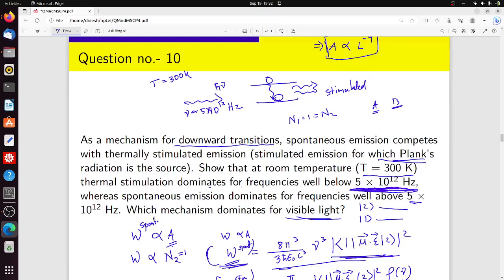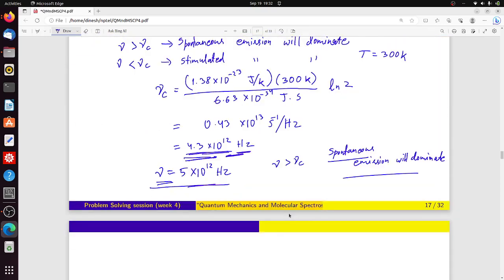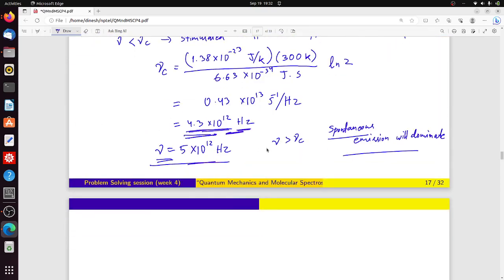Okay, so there is another question also. Which mechanism will dominate for visible light? Do you know the frequency for visible light? There is some range for visible light. It's of the order of 10 to the power 14.